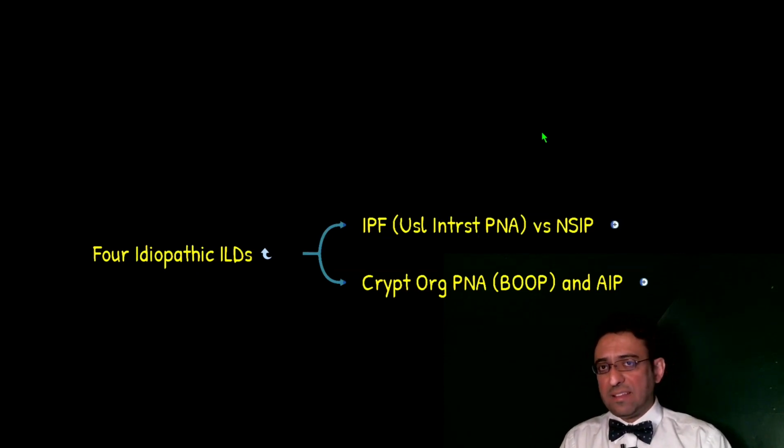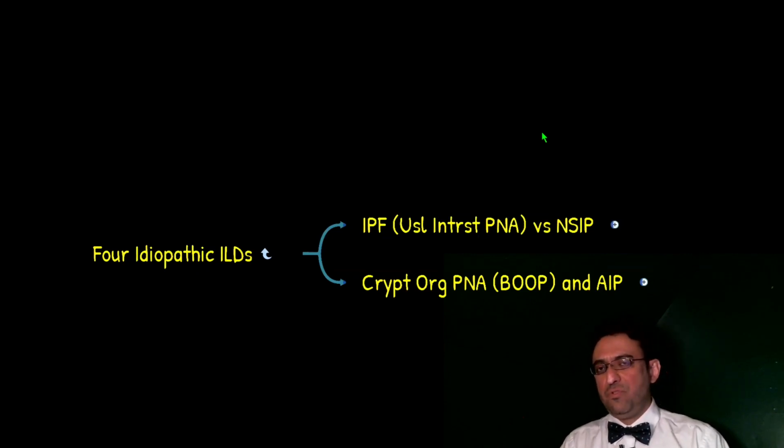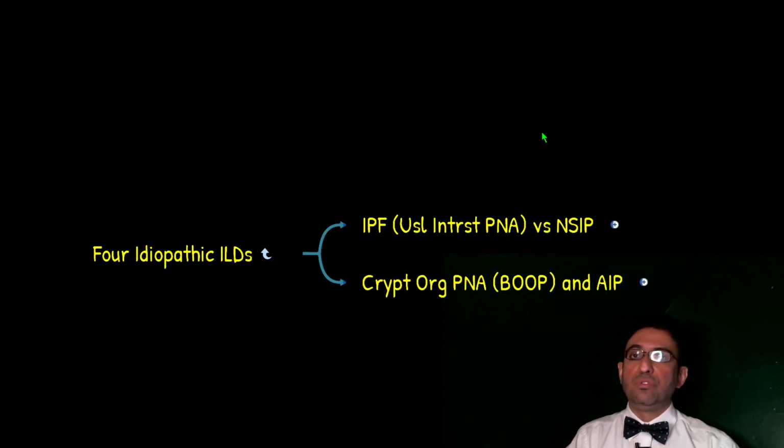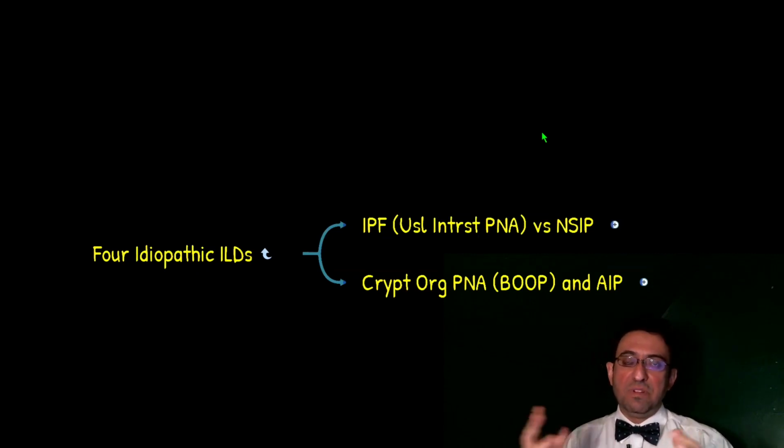We also have a category of connective tissue disease related interstitial lung diseases that happens in the setting of rheumatoid arthritis, SLE, systemic sclerosis. We will discuss them together with those syndromes separately. And then we have this specific group of conditions which are eosinophilic lung diseases or eosinophilic pneumonias. We will discuss them again in a very brief episode.